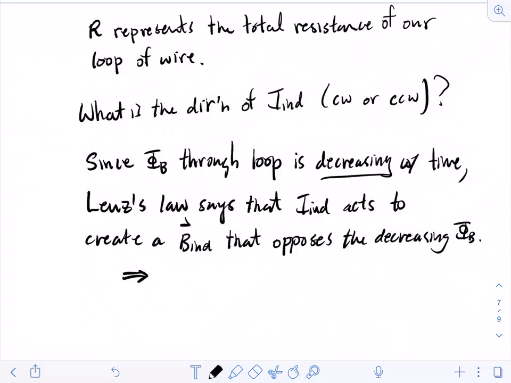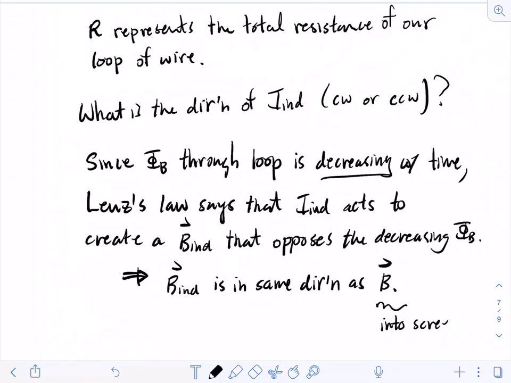And so how is it going to oppose that decreasing flux? It's going to establish a B induced that is in the same direction as B. We had B into the screen at the position of our loop, and so our B induced is going to be into the screen.